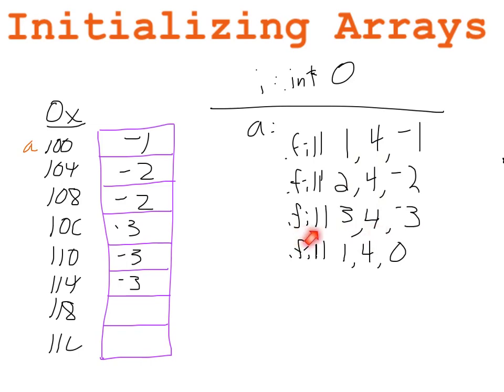That's another 12 bytes, so we're going to start at address 118. Now, that is where we were going to do 1 element of length 4. So only bytes 118 through 11B are we going to write the number 0. Okay, and that's where we're going to stop.